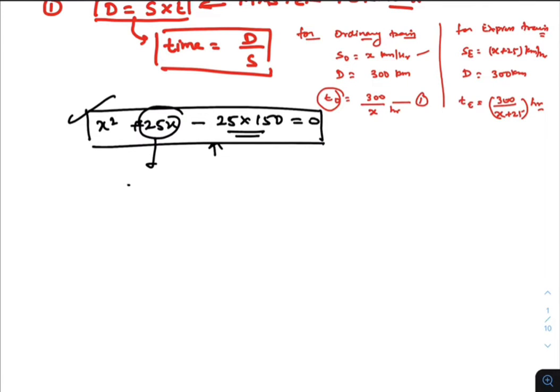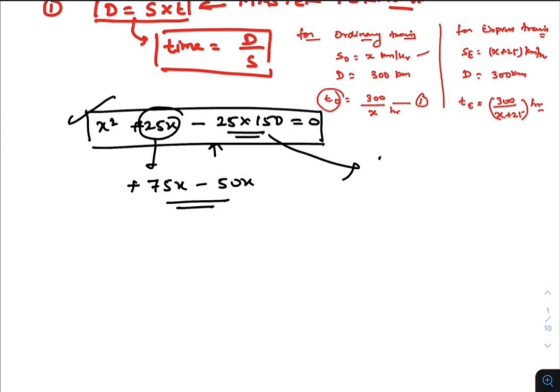For this, if we take 75x minus 50x and add them, we will get 25x, and if we multiply 75 into 50, we will get this one, that is 25 into 3 into 50, that is 75 into 50.